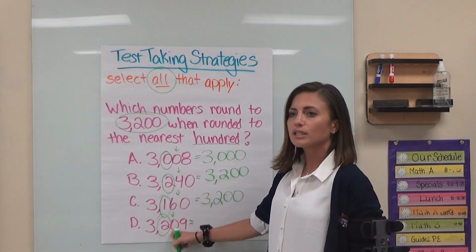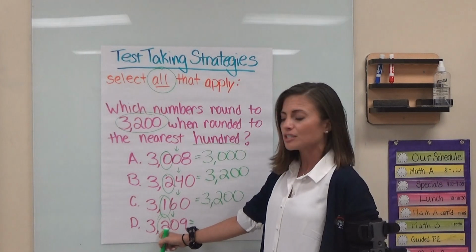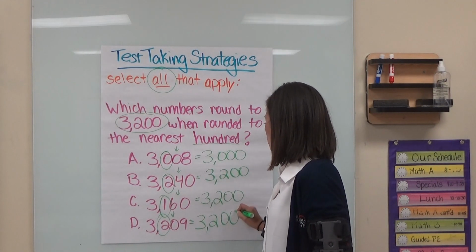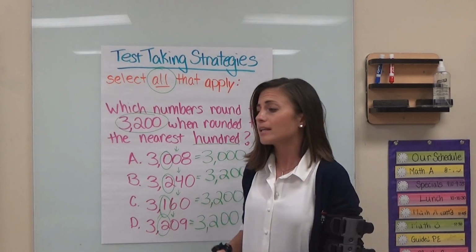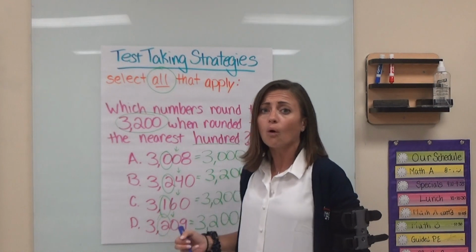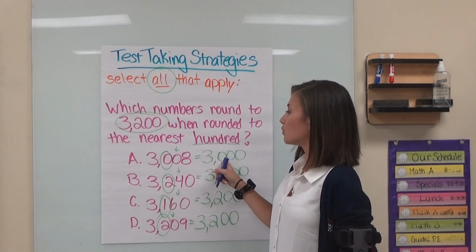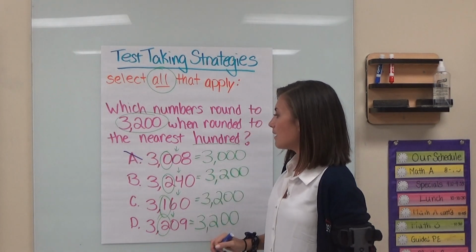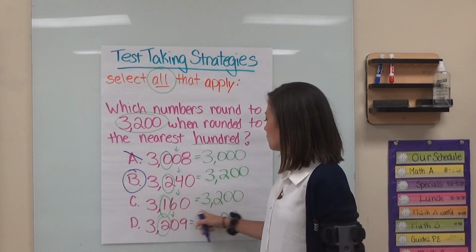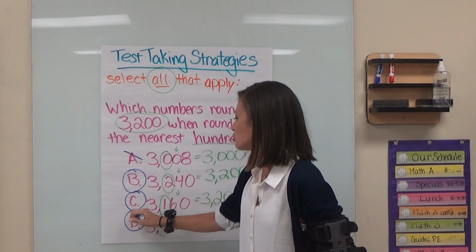Our 0 is 4 or less. I need to let it rest. That means my 2 is resting at a 2. So 3,200. Now I just need to check my answer choices and see which one matches what I was looking for. The answer goal that I was trying to reach was 3,200. This one equaled 3,000, so it's not A, but B was 3,200, C was 3,200, and D was 3,200.